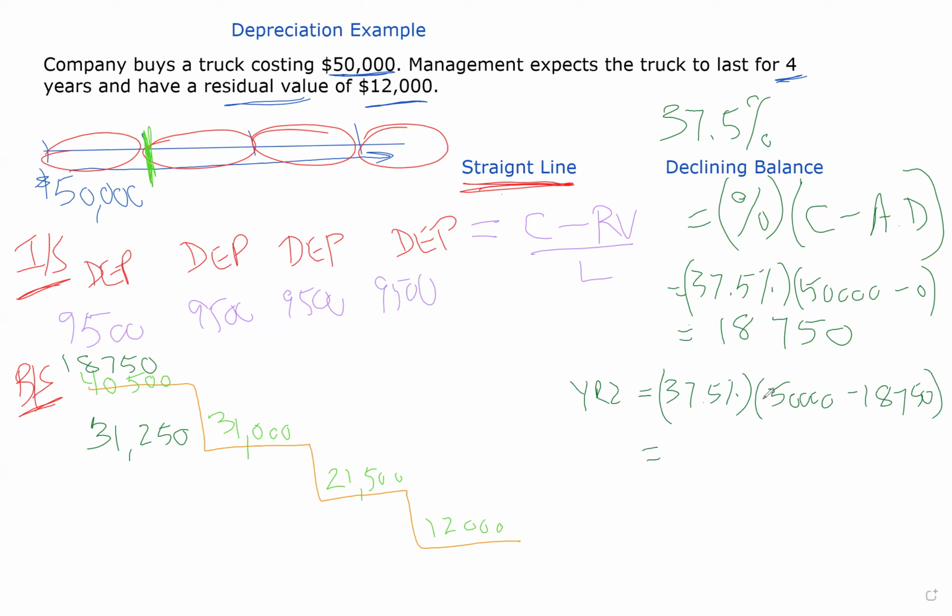So now the depreciation charge in year two would be 11,718 and 75 cents. Okay, I'm going to leave off those pennies there. So we'll say 11,718.